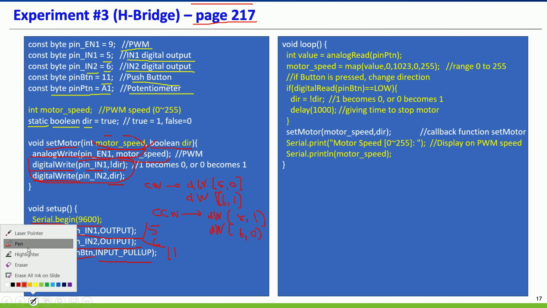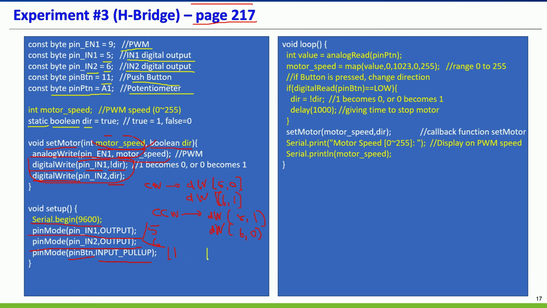Remember, pull-up means the resistor is above, this one is the switch, this one is ground, and this one is the input to Arduino, pin 11.